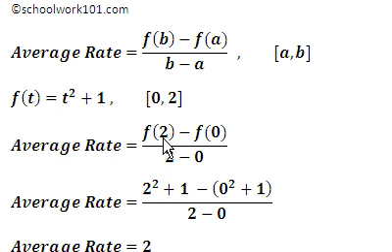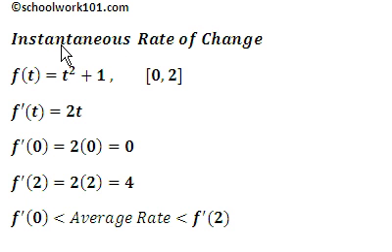Okay, so we do f of 2 minus f of 0 over 2 minus 0, so we plug 2 into the function, plug 0 into the function, and we get the average rate, as you can see down here, is equal to 2. We're going to find the instantaneous rate of change, take the derivative, plug in 0, you get 0, plug in 2, and you get 4.